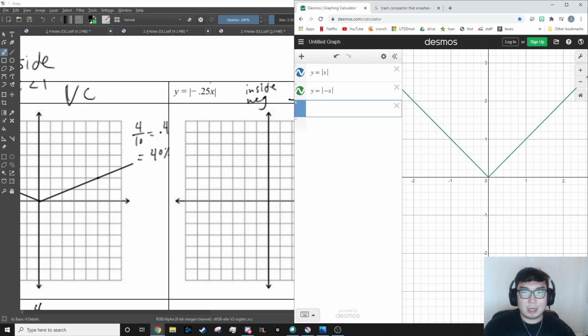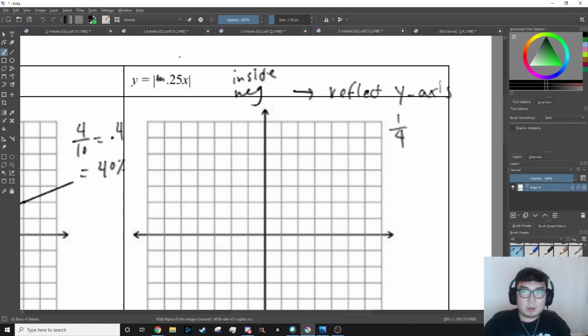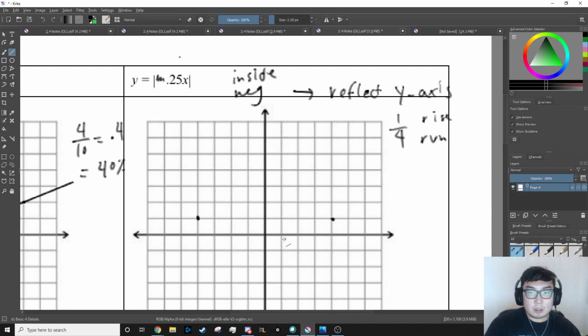So I don't really need to worry about this negative sign. I can just graph this 0.25x, which is 1 over 4, as in this is rise over run. So I would go like this. 1, 1, 2, 3, 4. 1, negative 1, 2, 3, 4. Like so.